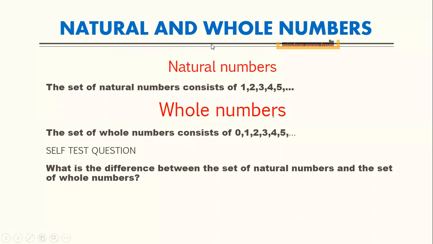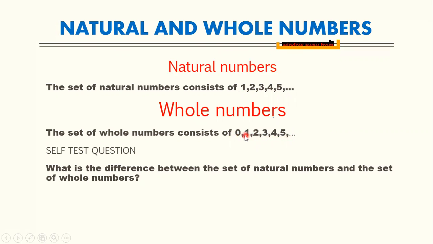If you look at the natural numbers, they consist of numbers starting from 1, 2, 3, 4, increasing in the positive way. So the first natural number is 1. The whole numbers consist of numbers starting from 0, 1, 2, 3, 4, and 5.